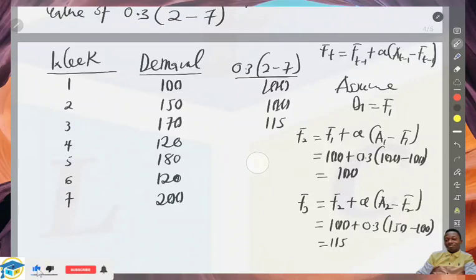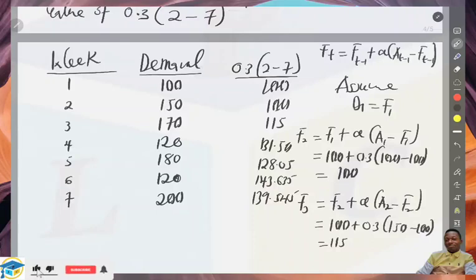That will help us to find the forecast for week 5 in that line. So you exhaust the list. Here, week 4 should be equal to 131.50. That's what I was getting with my calculator. And here too, I was getting 128.05. And then week 6, I was getting 143.635. And then lastly, week 7, I was getting 139.545. In 3 decimal places, that's what I was getting in that line.